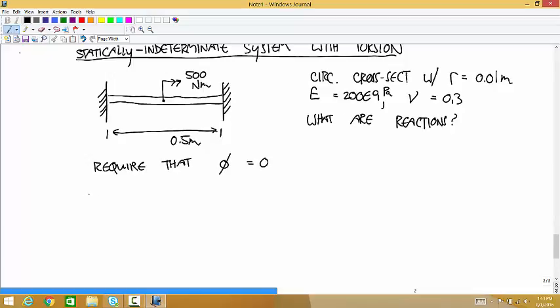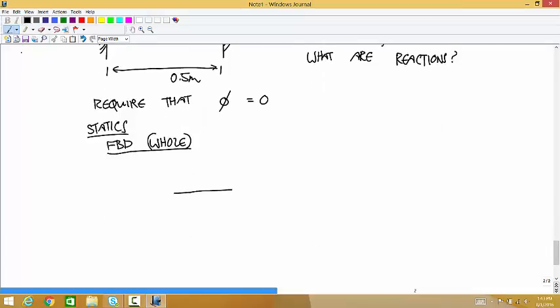Okay, so the first thing we have to do is the statics. Draw a free body diagram of the whole thing. At the left, there's going to be some torque, I'll call it TL.